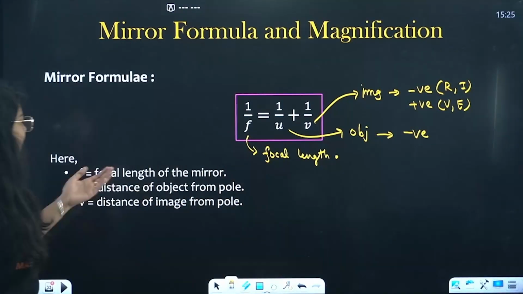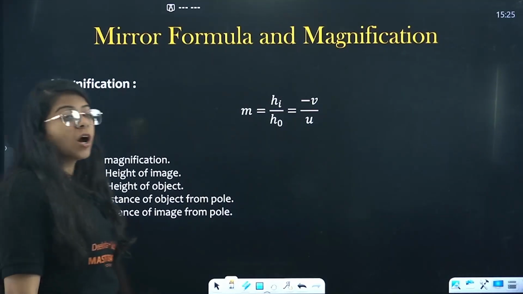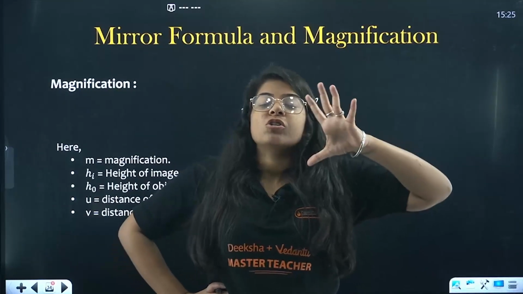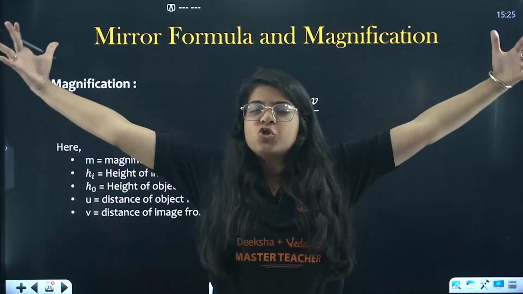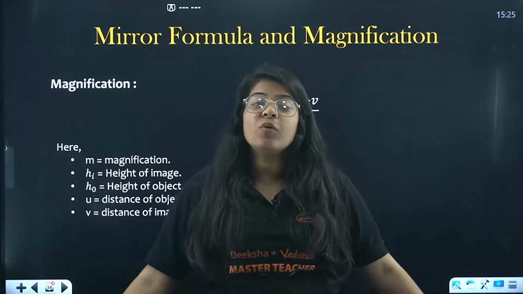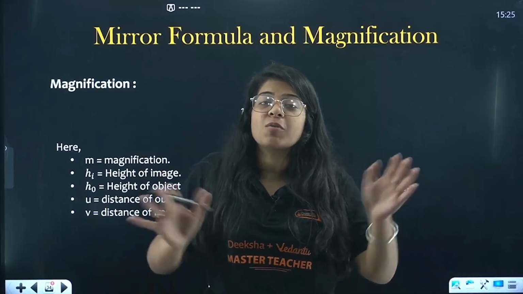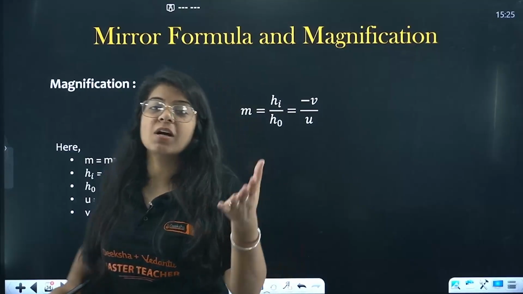Then simply beta, this is the same thing. Now we have one more thing, that is your magnification. We saw that sometimes the image is large, sometimes small, sometimes point sized, sometimes at infinity. So how will we know which image is small, which is big, and how much bigger or smaller the image is? That is where magnification comes in.